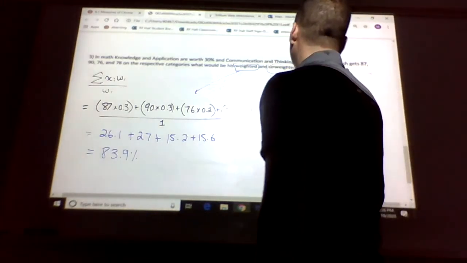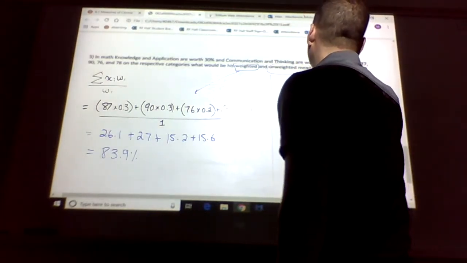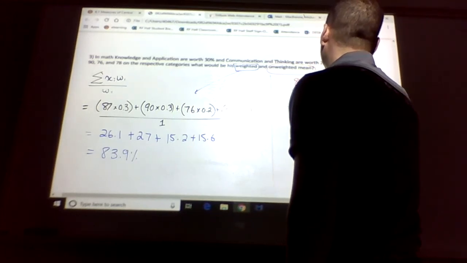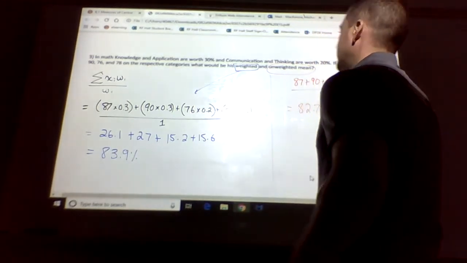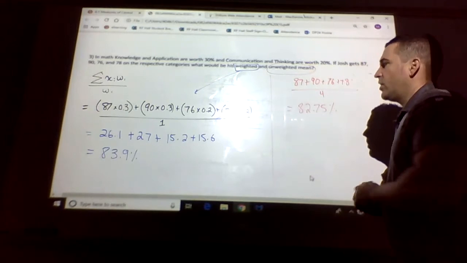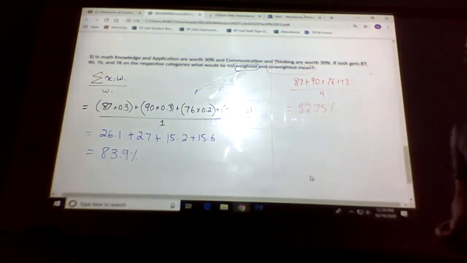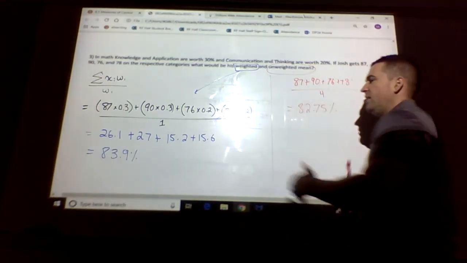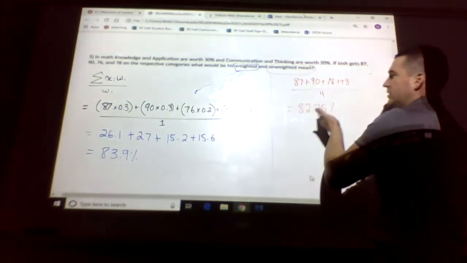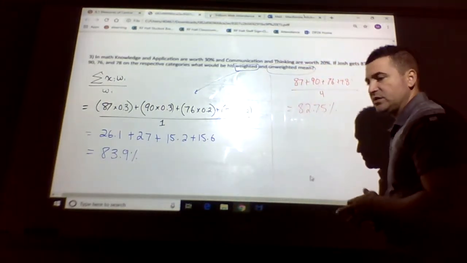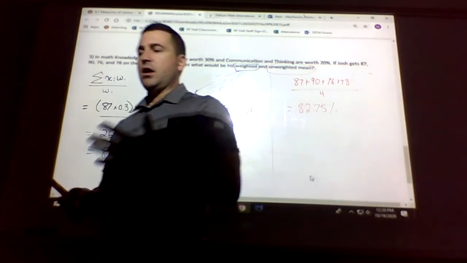If you do this, the mark now goes to 82.75%. So the mark in this case drops to 82.75. That's about a 1.2% difference between the weighted and unweighted mean.